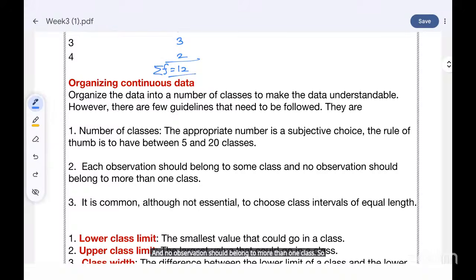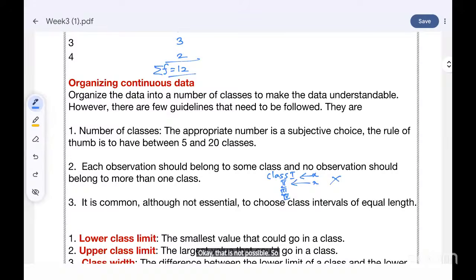So you take any value. Suppose there are 5 classes, class 1, class 2, class 3, class 4 and 5. In this case, each value should belong to exactly one class only. You cannot have some value which belongs to any two classes. That is not possible.